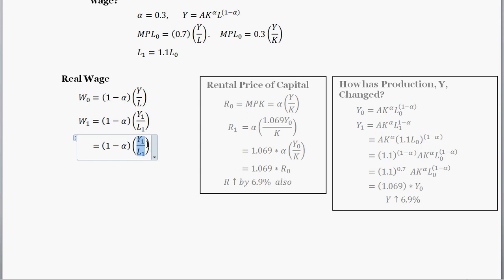So y sub 1, like new output, is equal to 1.069 times our initial output. And then labor is increased by 1.1 times the initial. So we need to pull out the 1.069 and the 1.1 out to the front, divided by 1.1, and we could remove all that.